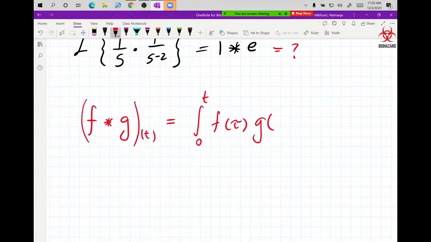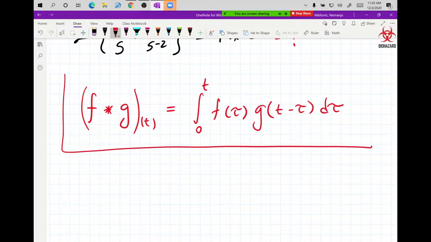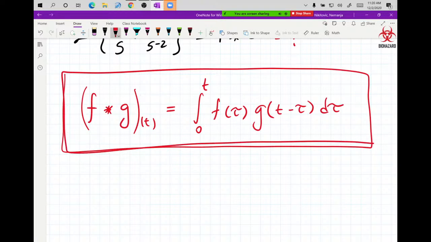And then g of t minus tau d tau. We could have literally used any other letter than tau. If you have a problem with tau, you can replace it, but all of the notation forever is tau, because tau is Greek letter t. So you are replacing t with Greek t. Anyway, this becomes your definition for convolution.